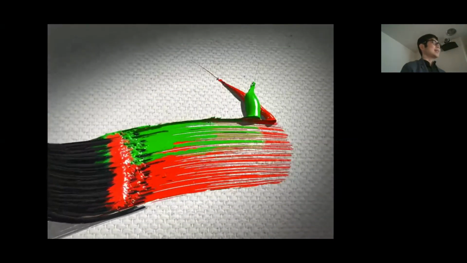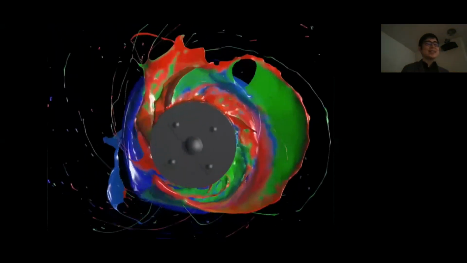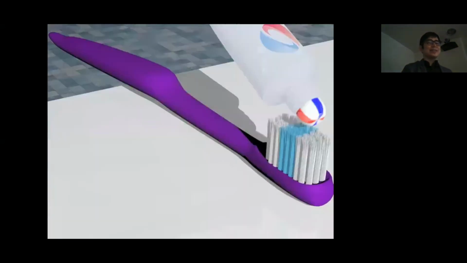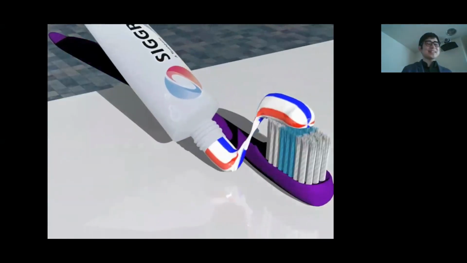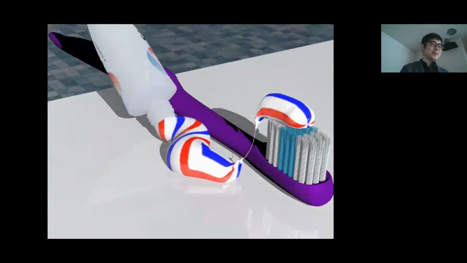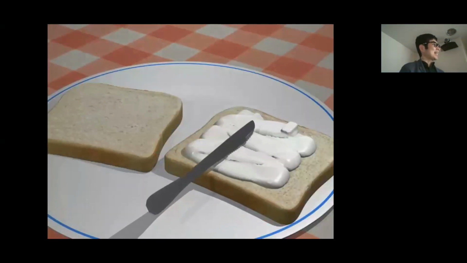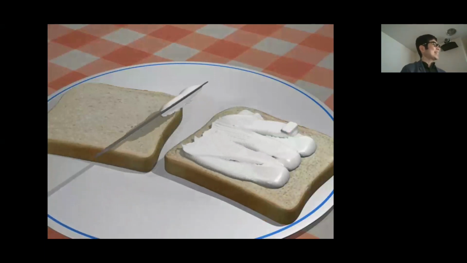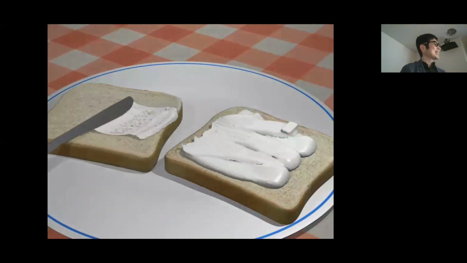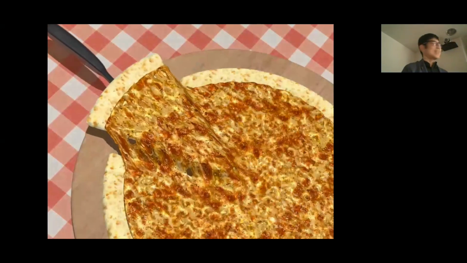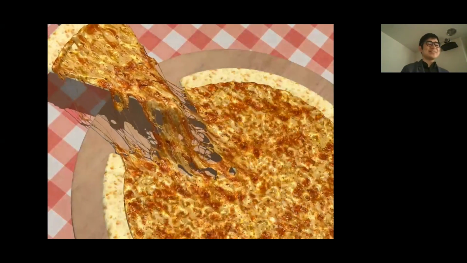We also use this data structure to simulate different types of viscous fluid like paint we have seen in our daily life, and also many other viscous phenomena like toothpaste, mayonnaise, and pizza cheese.